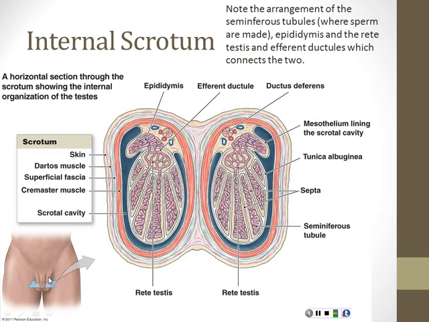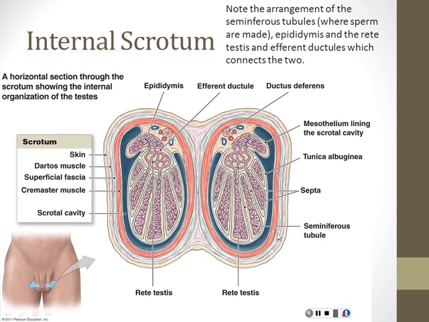All right, so what we're looking at here, here's our section. So we're looking through sort of a cross-section of the testes. So this is the testes right here. And the testes is divided into compartments. So you can see, like, here's one and here's one. Those compartments, we call those lobules. And each lobule is full of coiled ducts.